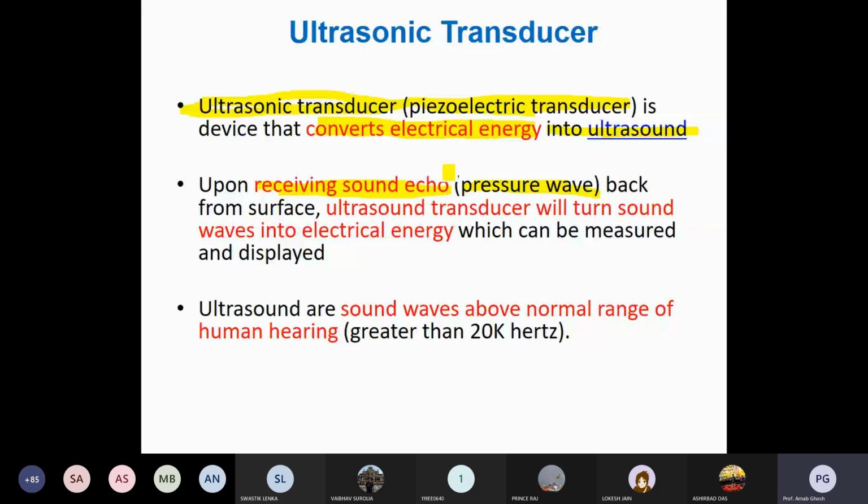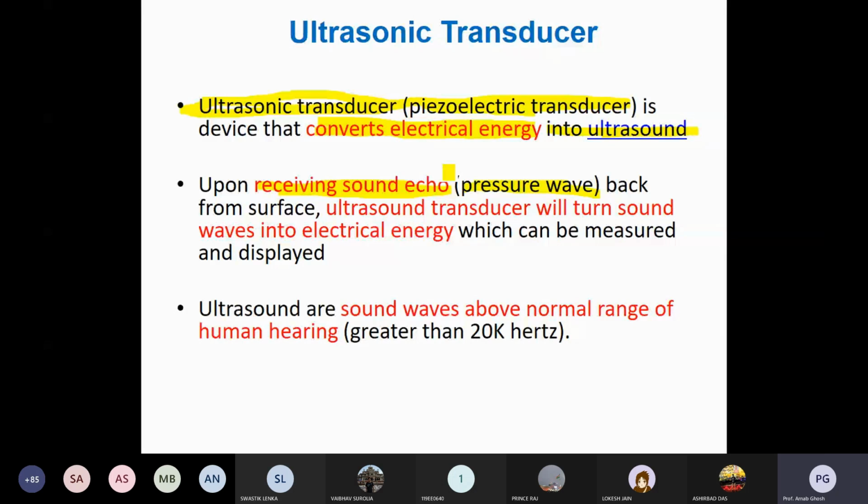That pressure wave directly hits the piezoelectric crystal, and definitely you will get some electrical output from it.